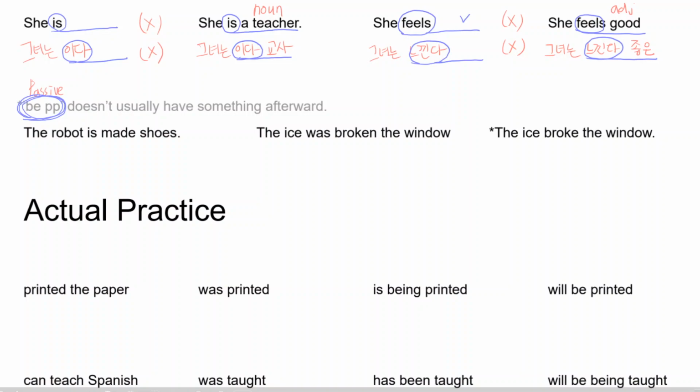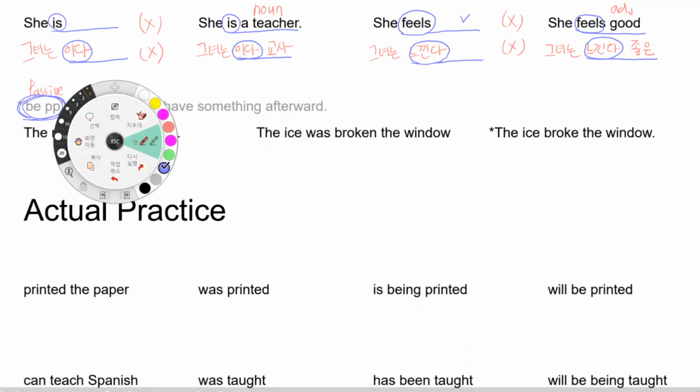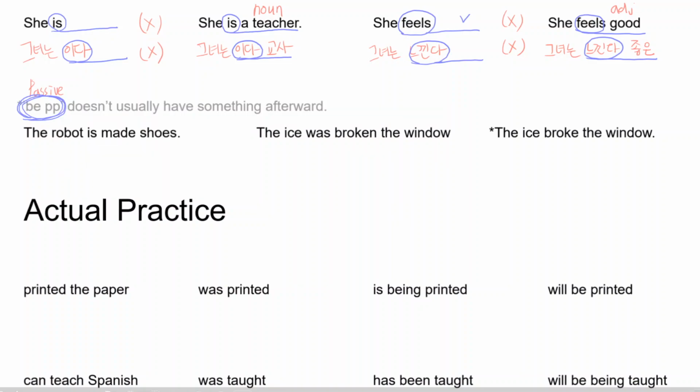Here we have "the robot is made shoes." Okay, let's see how BPP goes in a sentence. As I said earlier, we need to draw a little circle around the verb. But in here we have BPP. When we see a BPP, we're gonna draw a little circle around the whole BPP.